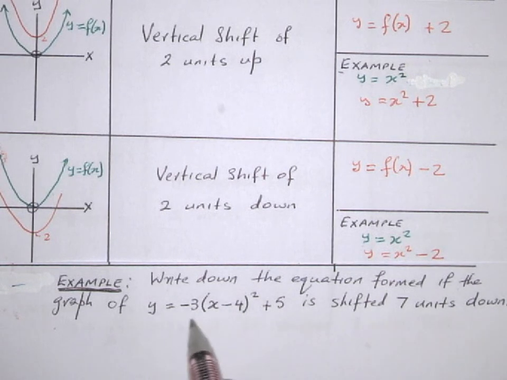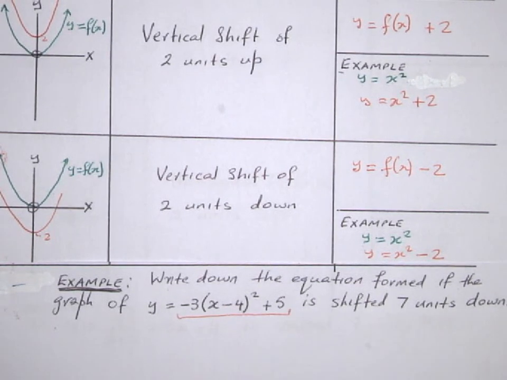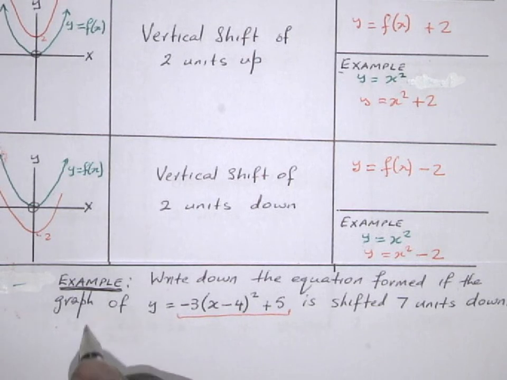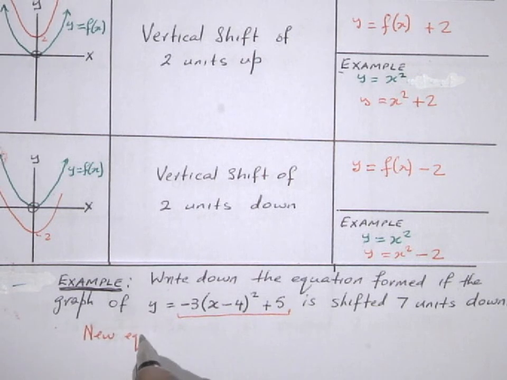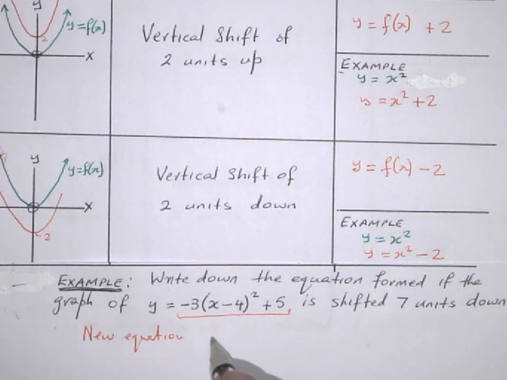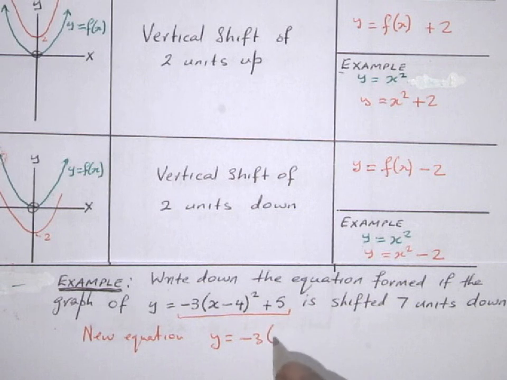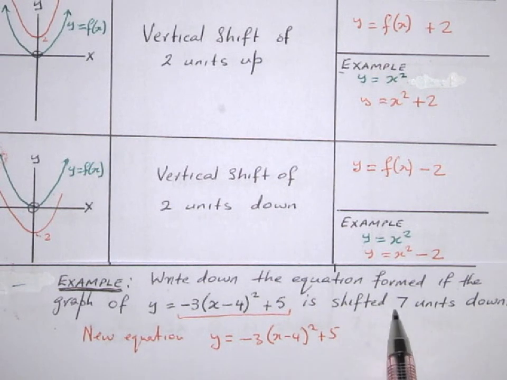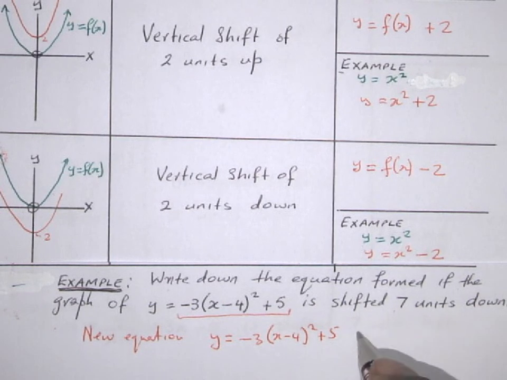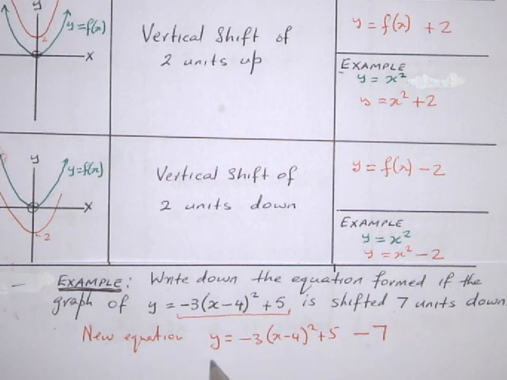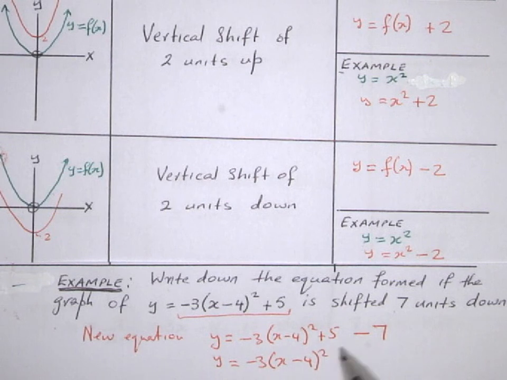So this whole thing is shifted 7 units down, so the new equation will be y is equal to this whole thing, minus 3 into x minus 4 all squared plus 5, then shifted 7 units down, so minus 7. Obviously, you can simplify the plus 5 minus 7 to get y is equal to minus 3 into x minus 4 all squared, the plus 5 minus 7 would be a minus 2.